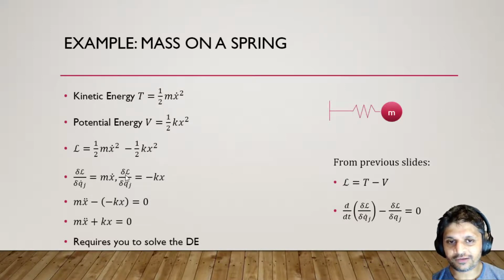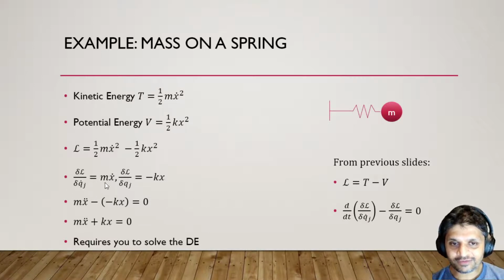Similarly, for the partial derivative of the Lagrangian with respect to the state, we get only this term, because the other has nothing to do with the state. It only cares about the velocity. So we end up with minus kx. It's that 2 getting multiplied by the minus half, and we end up with minus kx.